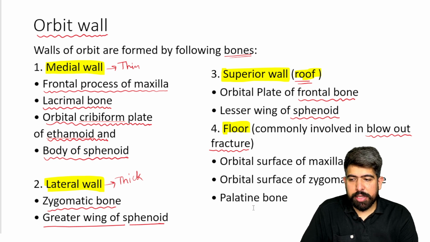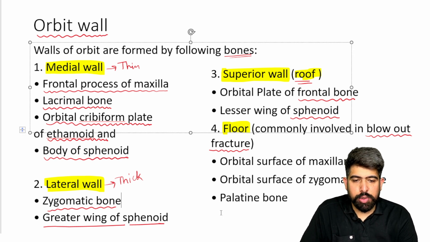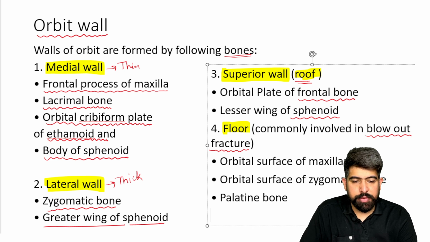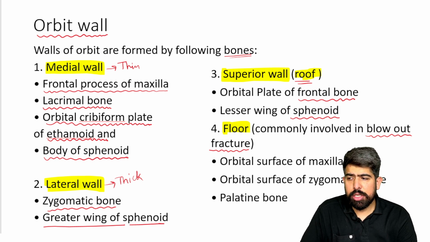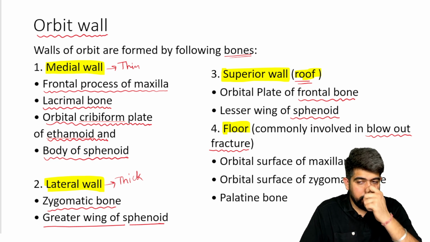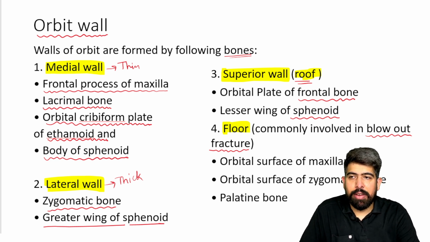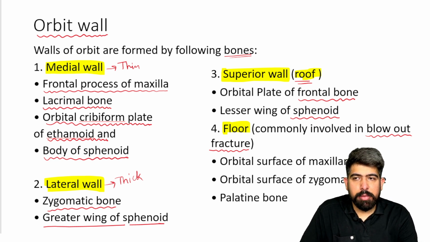So here we have only two things, guys. Please understand. What are those two things? The first is the frontal bone, and the second, after the frontal bone, is the sphenoid, specifically the lesser wing of sphenoid.